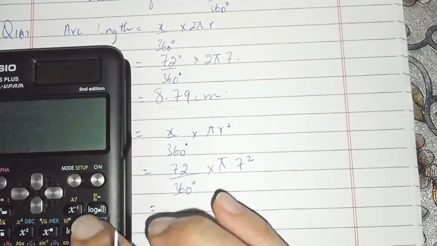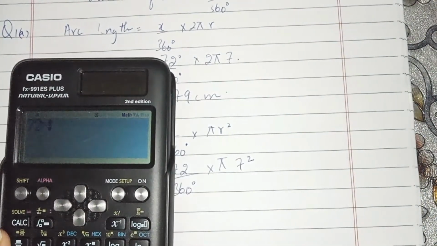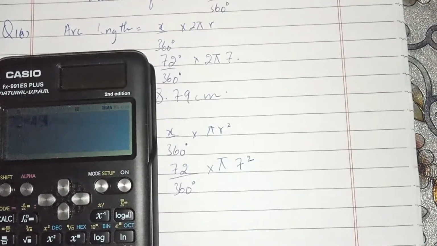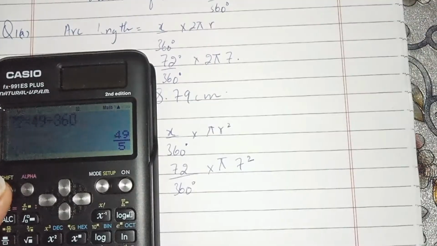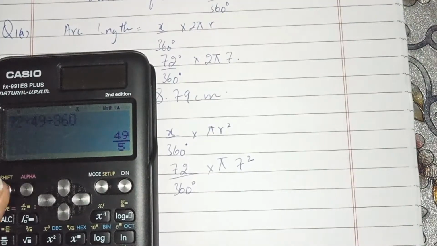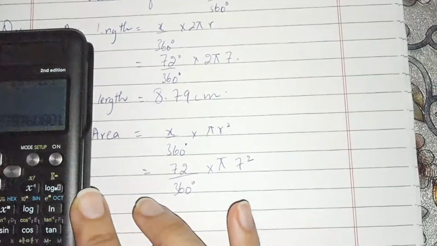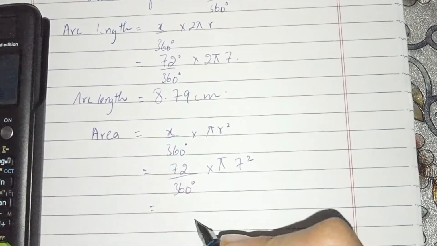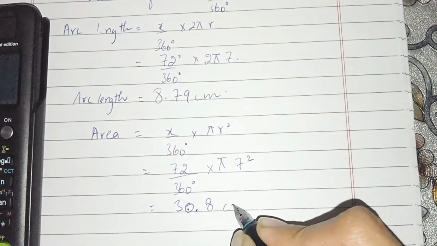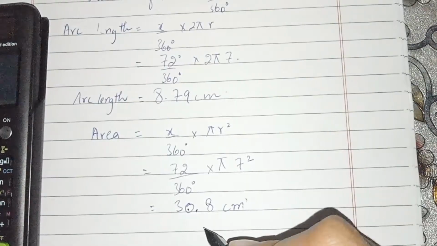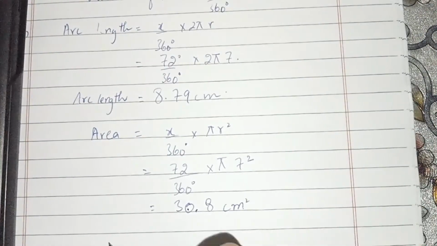You have to solve it. 72 multiplied by 49 divided by 360 multiply by pi, and we get 30.78. We can round it off and we get 30.8.